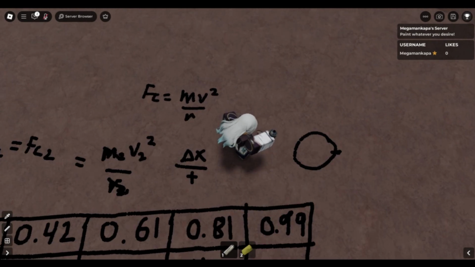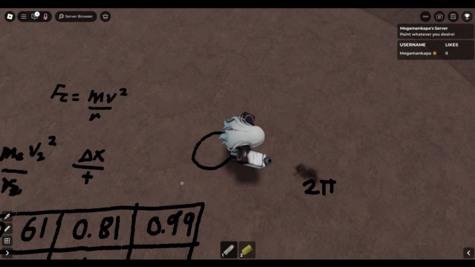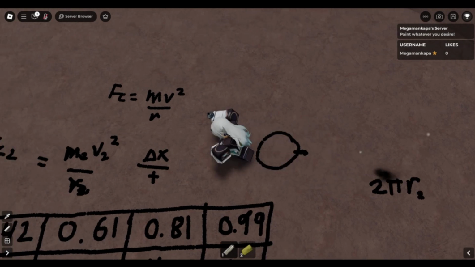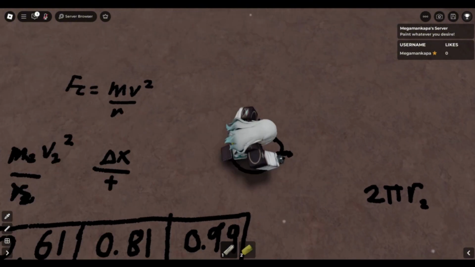So if I call that the original starting point, then every revolution, your displacement is simply the circumference, 2 pi r, well, 2 pi r2, because that's the mass and the tension force I'm looking at, T2.